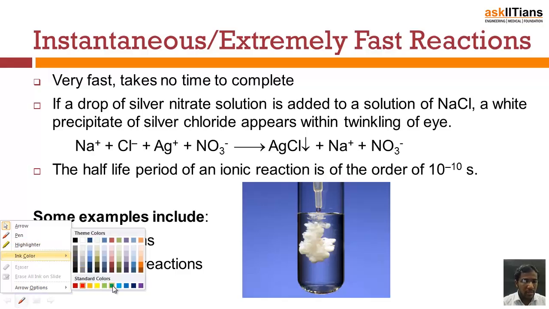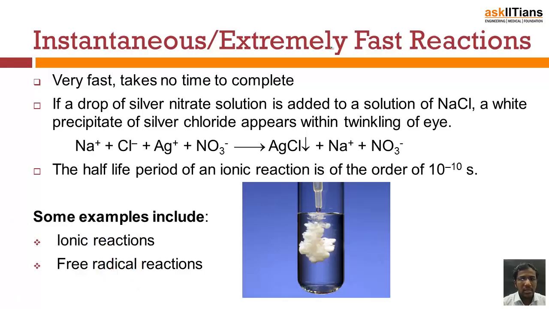First is the instantaneous or extremely fast reactions. As the name indicates, the reactions are extremely fast, almost instantaneous, and normally take around 10 power minus 10 seconds to complete.